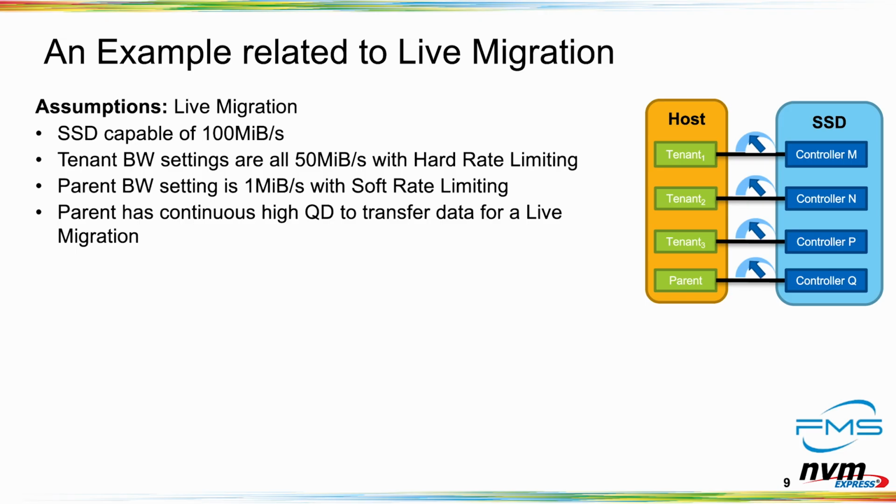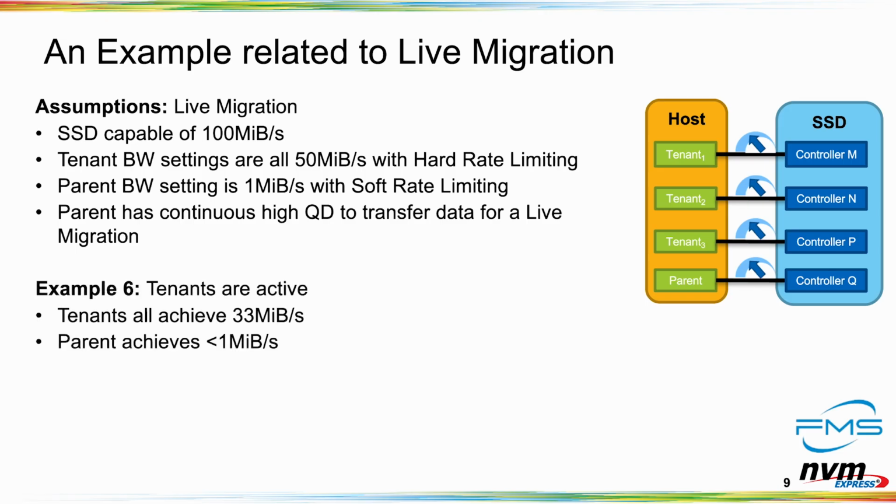That parent might have a continuously high queue depth where it's trying to migrate the traffic into the drive or out of the drive, but it's only got that 1 megabyte per second. So with all of the tenants active, just as before, the 3 tenants are all achieving their 33 megabytes per second, and the parent is going to achieve piddly nothing traffic, right?